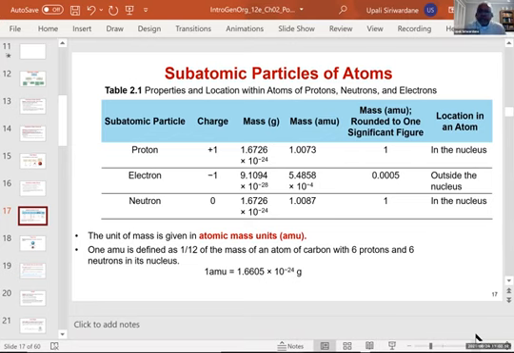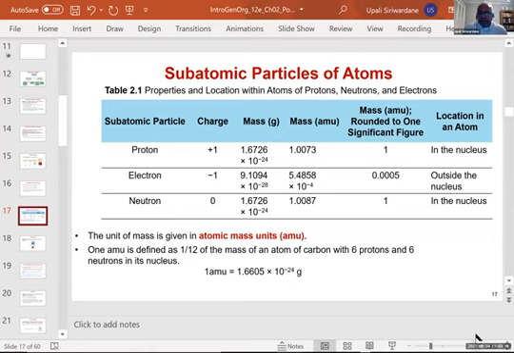Like we said in previous slides, atoms are the smallest particles that can participate in chemical bonding, the smallest particles in matter that take part in chemical reactions. But atoms are not indivisible.